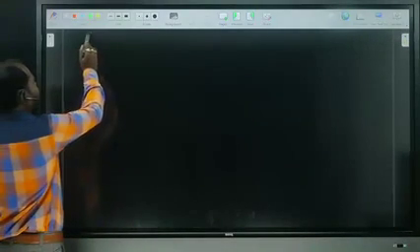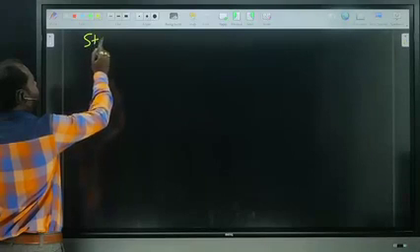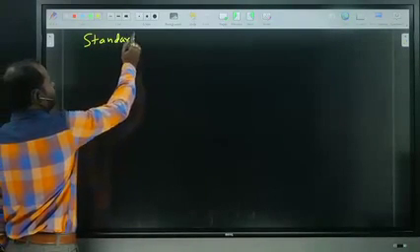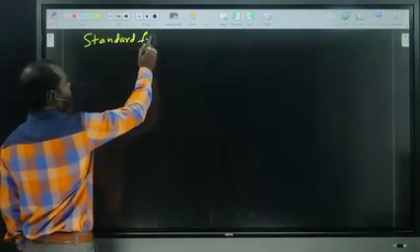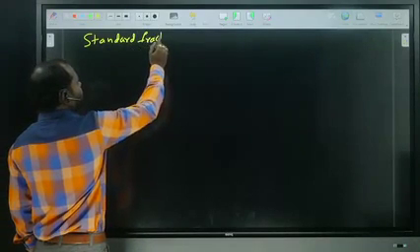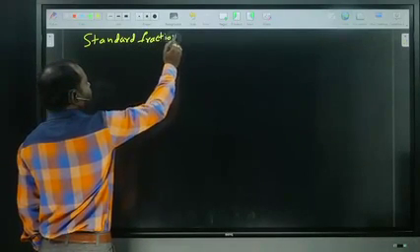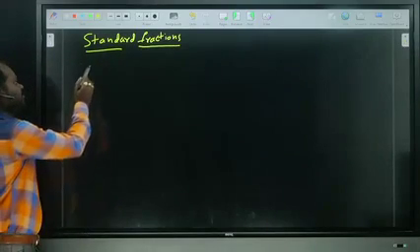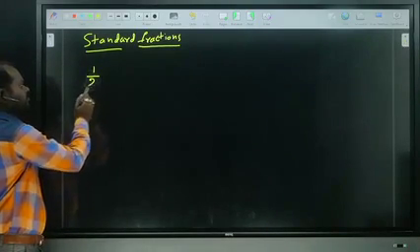Next, in percentage, one more thing we have to know is standard fractions. For example, the fraction 1 by 2.